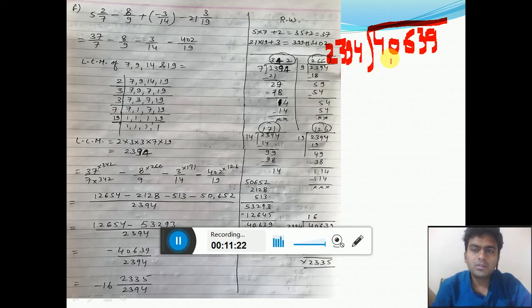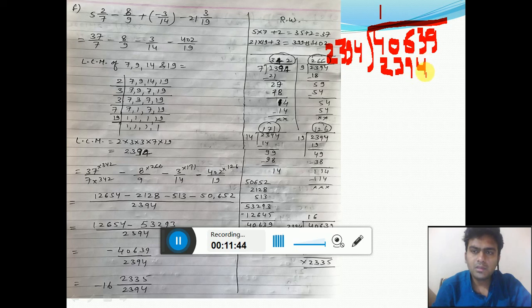So 4063 is bigger than 2394 because this is 4000. If we take these four numbers, 4063, it is bigger than 2394. So we will divide this number one time only. We can read the table. 2394 we will write here.